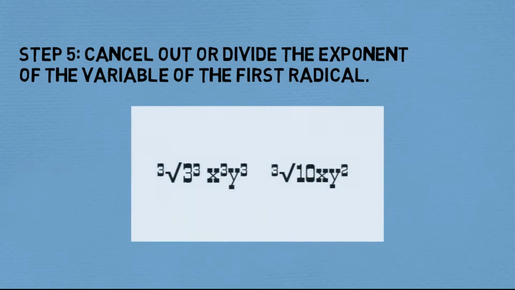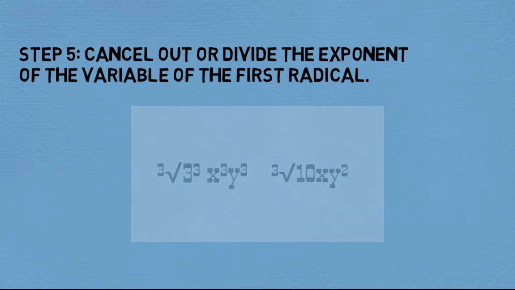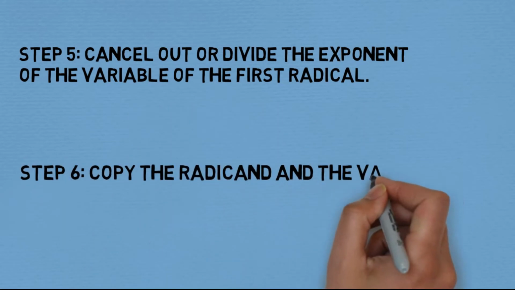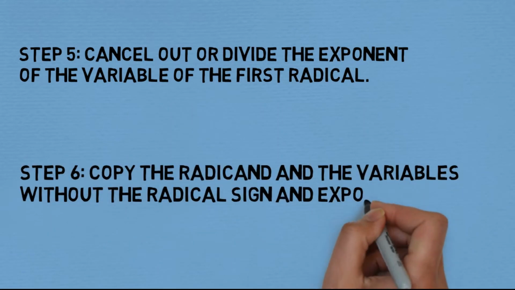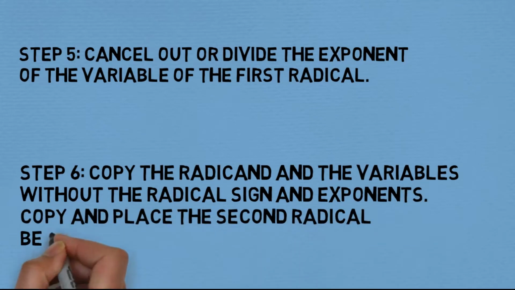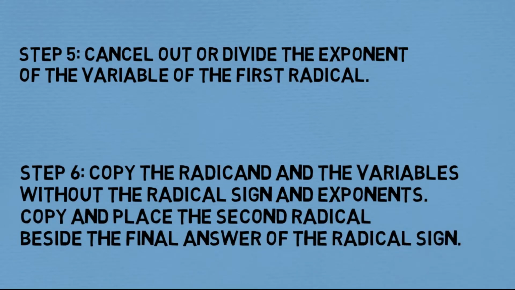Cube root of 3 cubed x cubed y cubed, cube root of 10xy squared. 27 will become 3 cubed. All of the exponents of the expression will be cancelled out by the index. Step 6. Copy the radicand and the variables without the radical sign and exponent. Copy and place the second radical beside the final answer of the radical sign. 3xy cube root of 10xy squared.